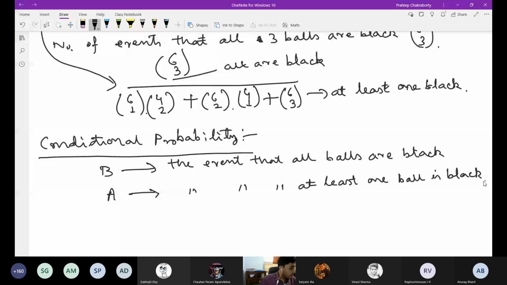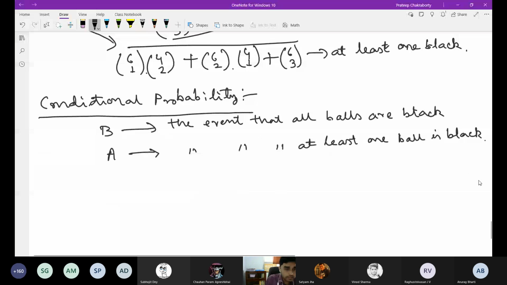So the problem is to determine conditional probability. I will just write this and define conditional probability, then I will stop.